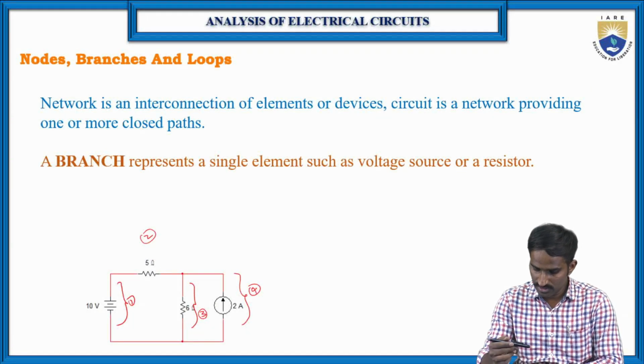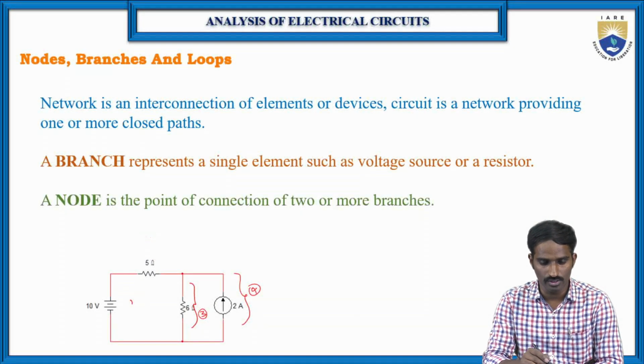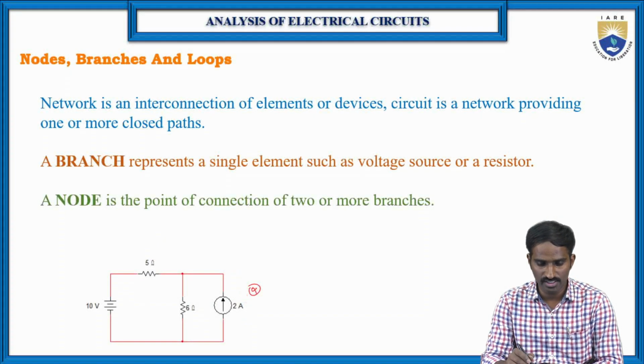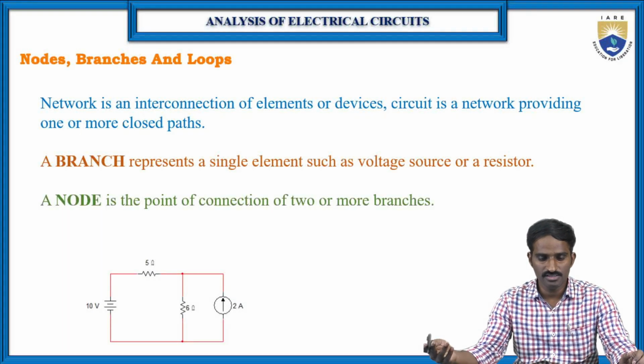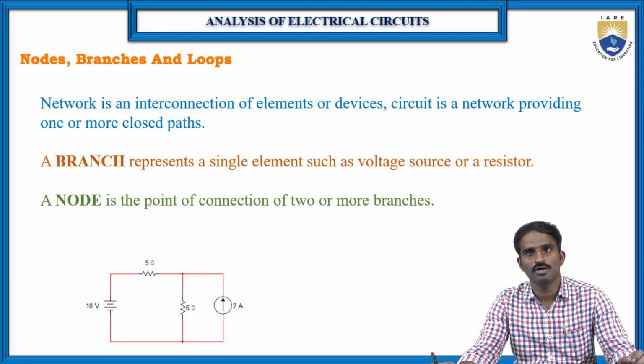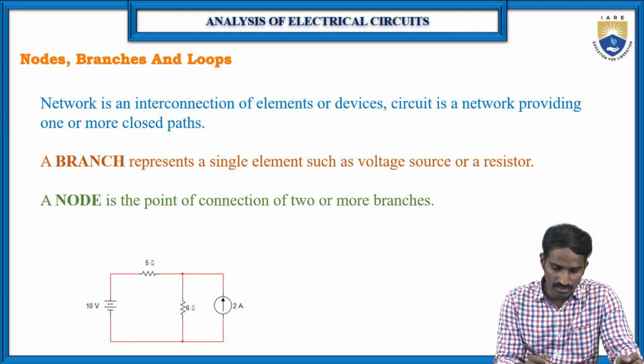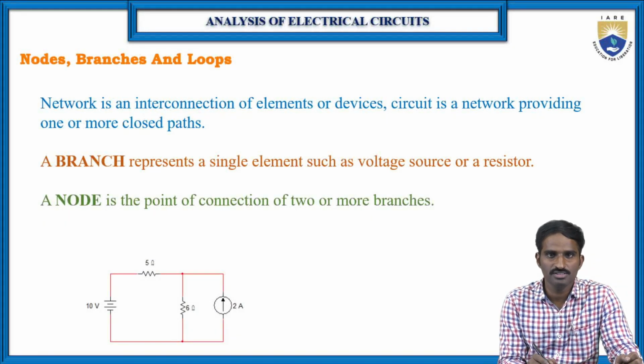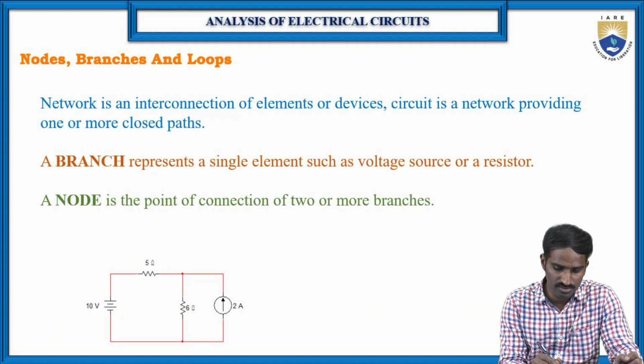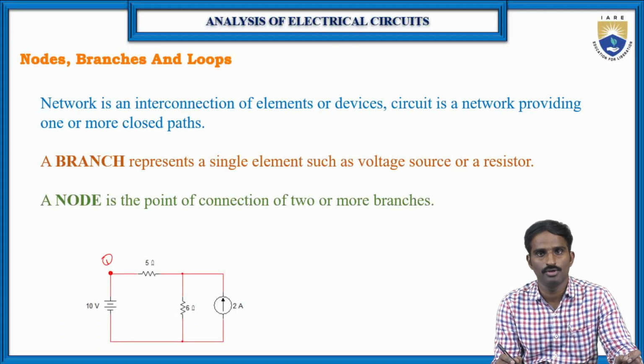Then the next thing is, what is a node? A node is a point of connection of 2 or more branches. Here, this is one branch and this is another branch, and these 2 branches are connected at a particular point. So this is node 1.